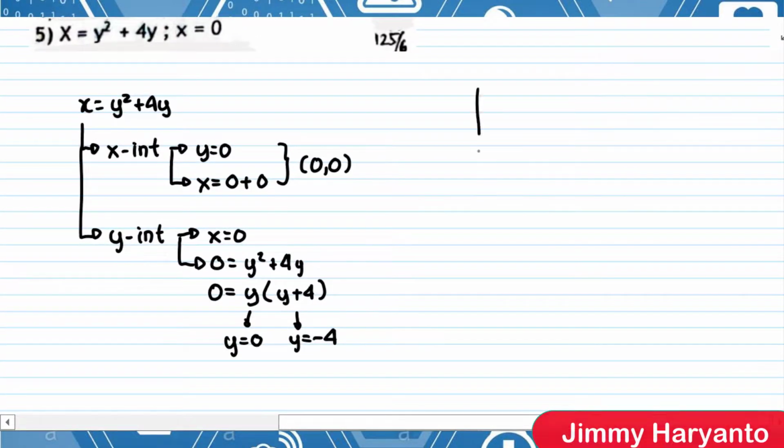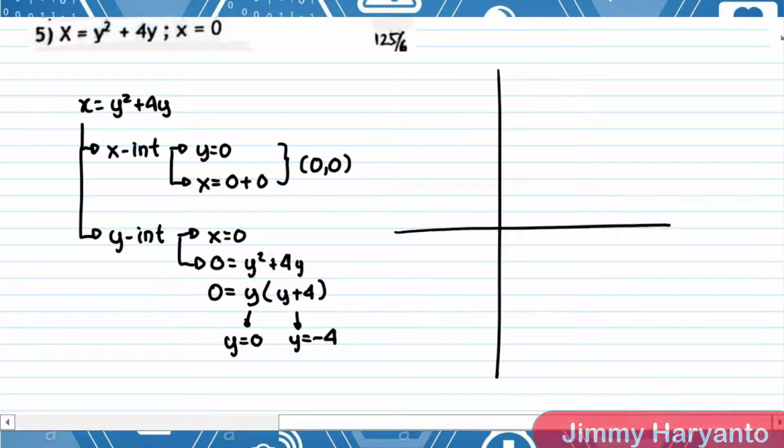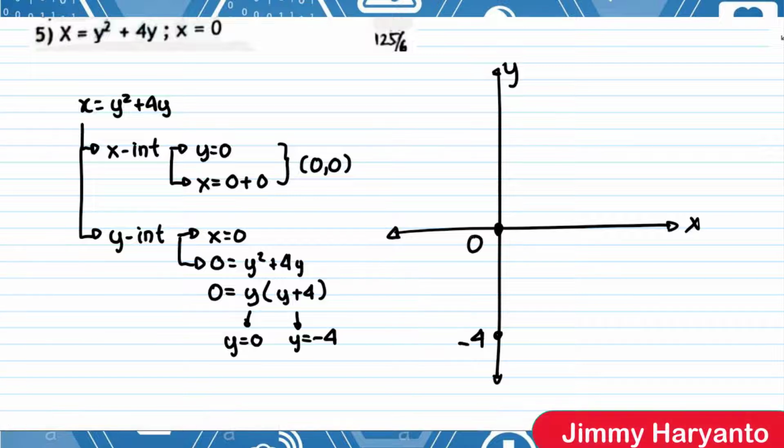Okay, we are ready to sketch. So our sketching will be like this. On the y-axis, we have y equals 0 and y equals negative 4, and then we only have these 2 points, right? Because the x-intercept is the same thing as the y-intercept. That means we have to know the characteristic of the curve.